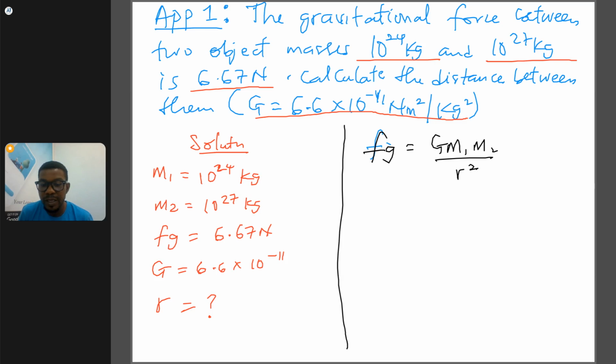As a student of mathematics, you can make R subject of the formula. That will make your work very easy. And that's what we want to do together.